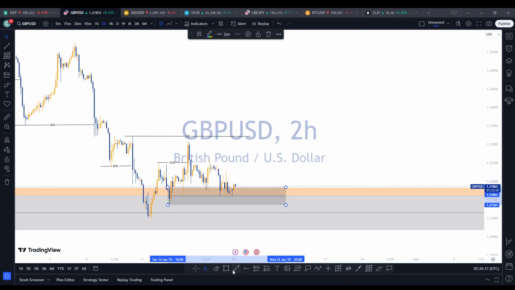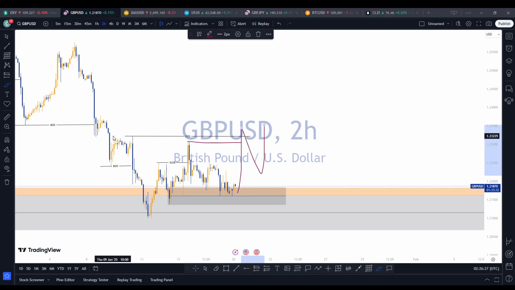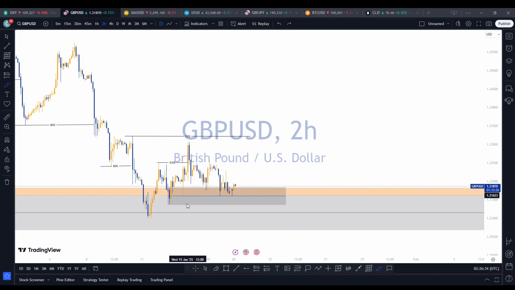So if we get a push and break this previous one, then there's a possibility that we might break our major structure, which is this right here. So we just have to be patient to read price action, because trust me, price action is key.